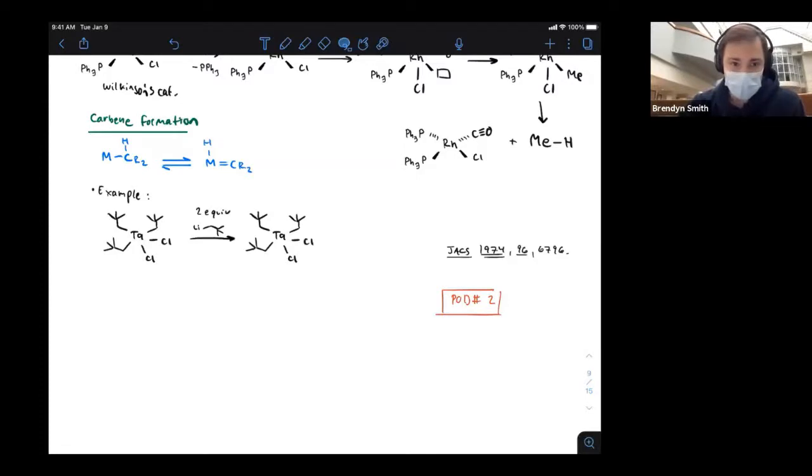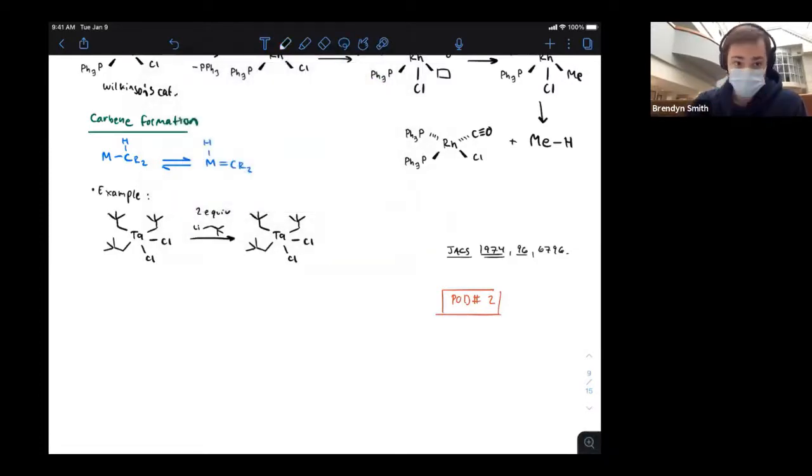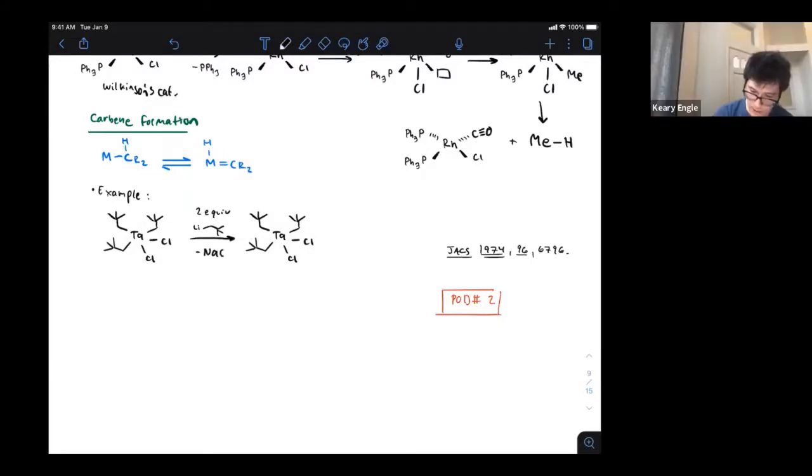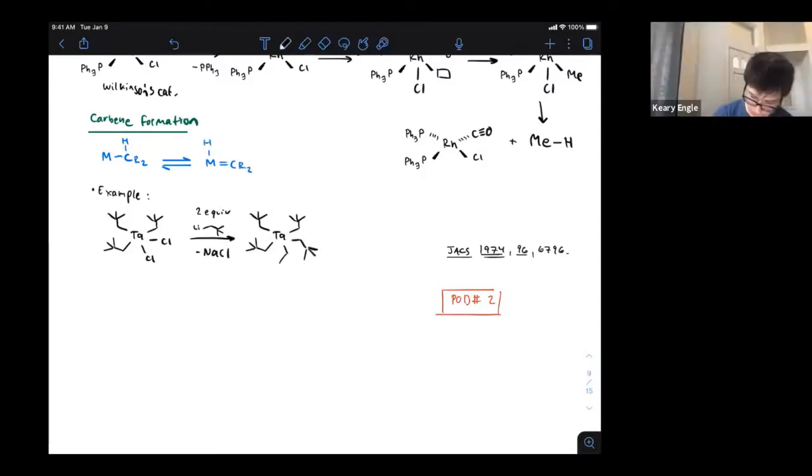I guess you just swap out the chloride through a transmetallation. Beautiful. And what's the driving force of this reaction? Salting out. Perfect. So with neopentyllithium treatment you get this double transmetallation, and then do you want to hazard a guess to take this one step further?